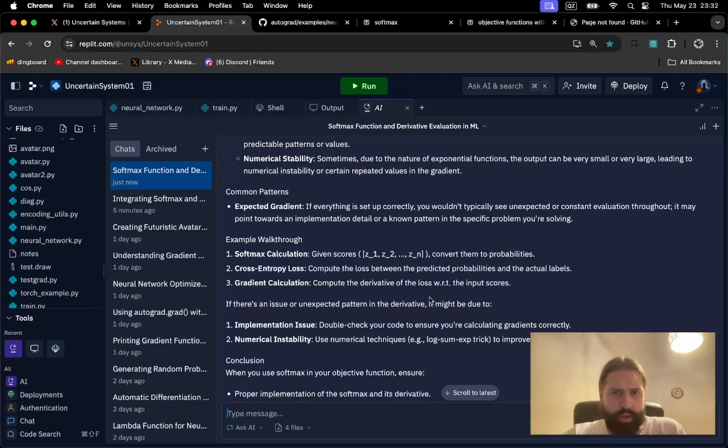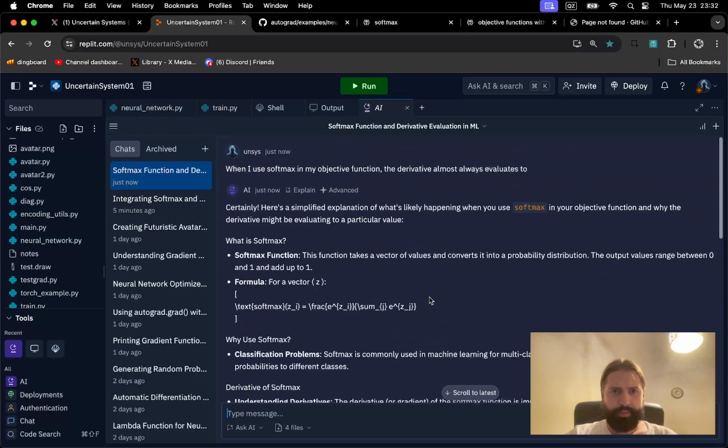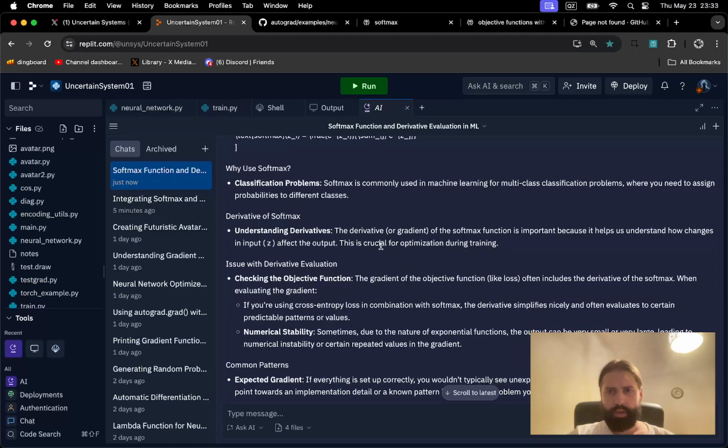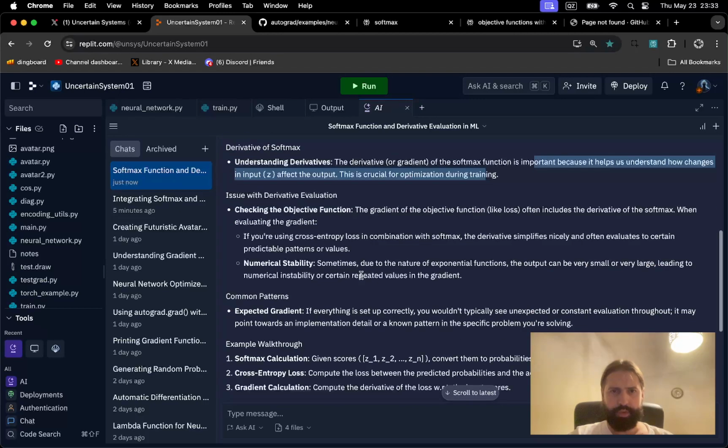It takes the vector and converts it into a probability distribution between 0 and 1. The AI says there's an issue with derivative evaluation.